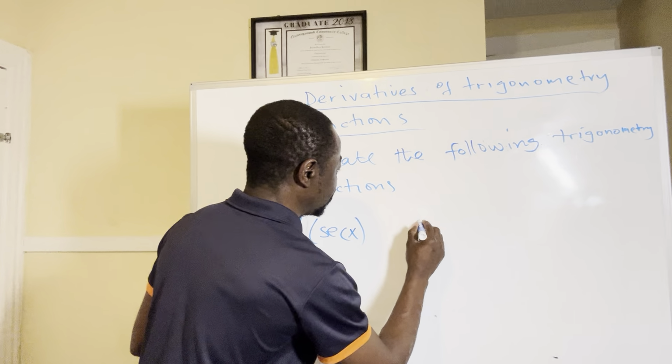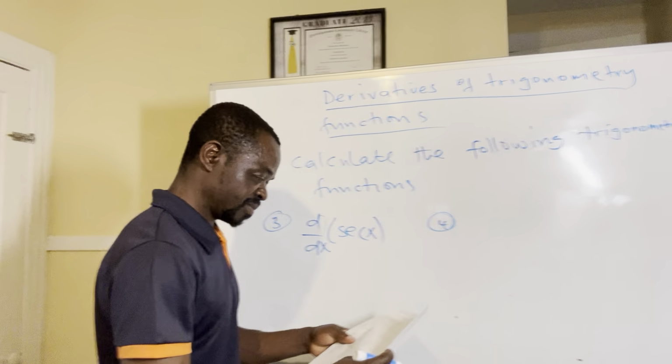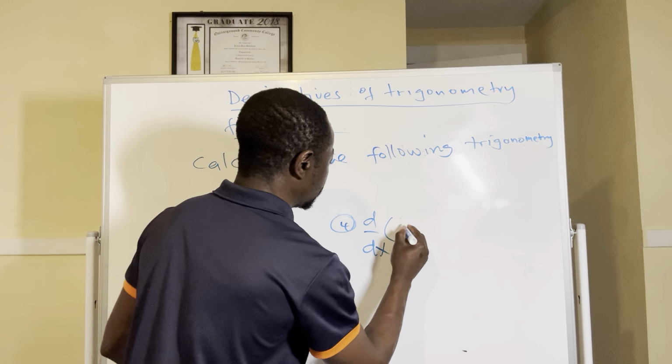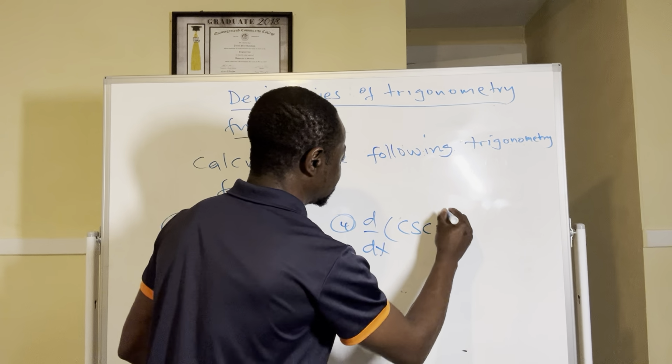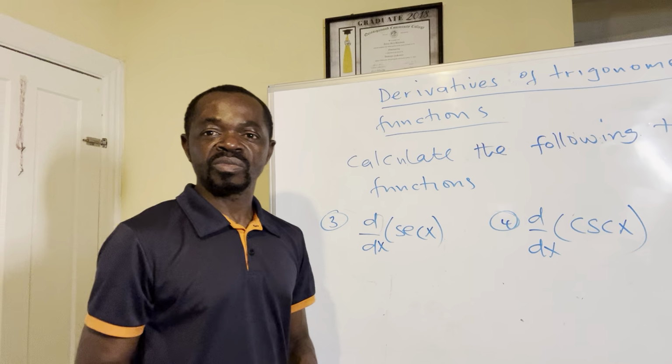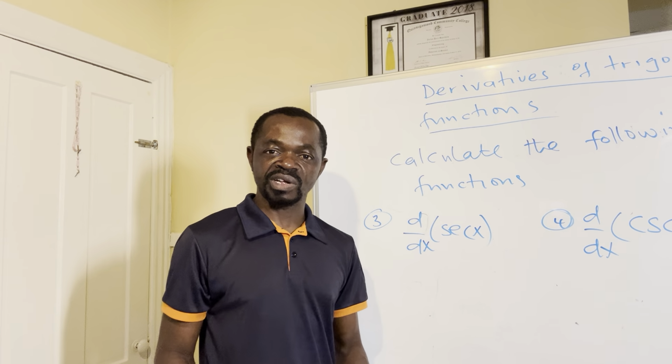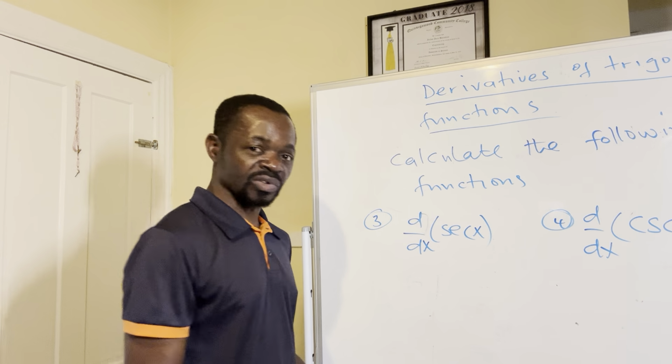And then example 4 is d dx of cosecant x. Right, so we're going to take derivatives of these remaining 2 examples. All right, so let's set the ball rolling.